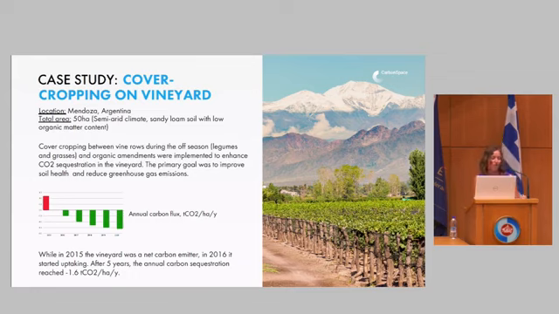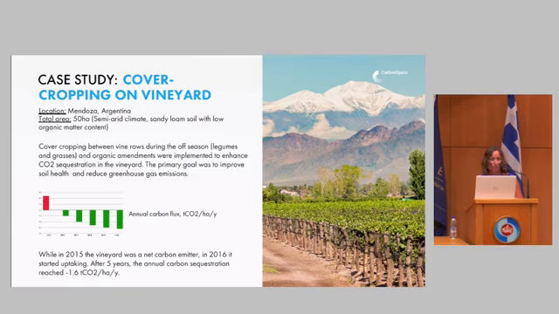In 2016, already, it started slightly uptaking. After 5 years, we can't say that a huge amount of tons of CO2 are being uptaken every year, but still the annual carbon sequestration reached 1.6 tons of CO2 per hectare per year, which is good compared to the previous situation.